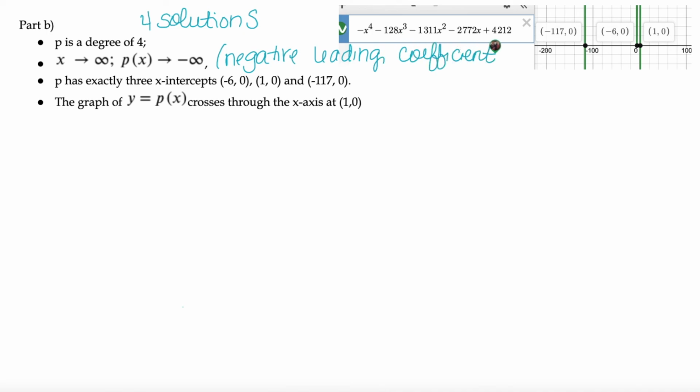And that comes from Friday's lesson. We also know that it crosses through the x-axis at 1. So because it crosses through the x-axis at 1, this tells me that this has an odd exponent.